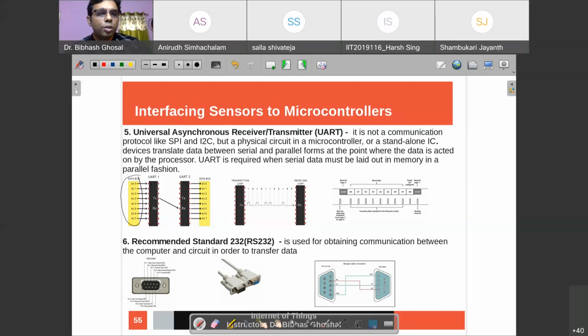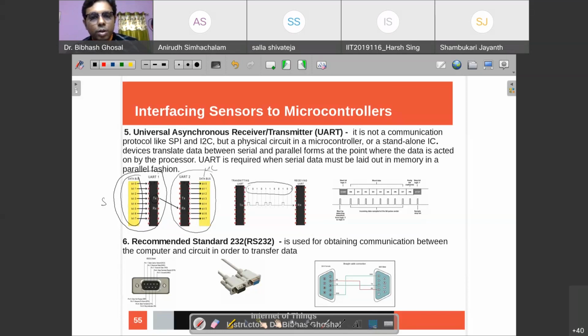Let's say your sensor is using a UART, so your sensor will have this part, and your microcontroller is receiving the data, so it will have this part. The 8-bit data that you capture, you will send to these 8 lines of the UART. And via this TX line, that is the transmit line, because it's a transmitter, it will send all these 8 bits one by one. Look at this.